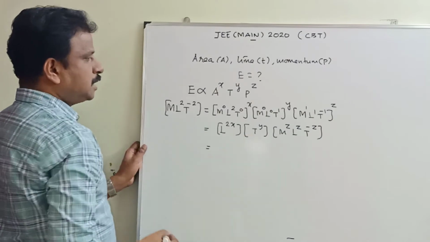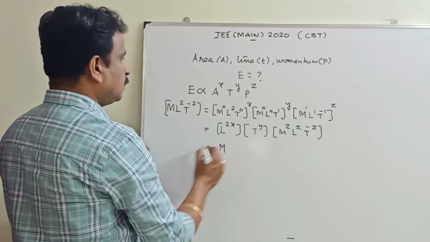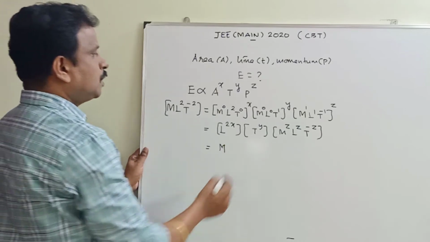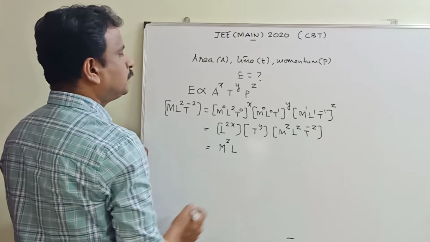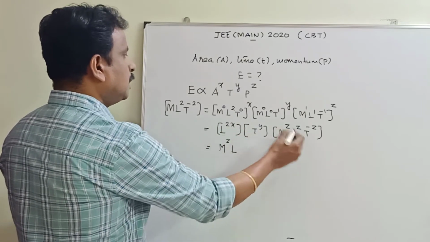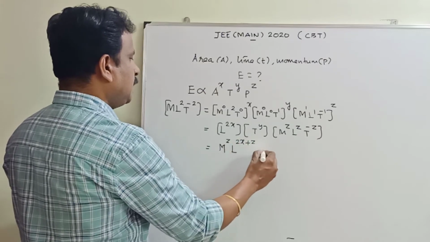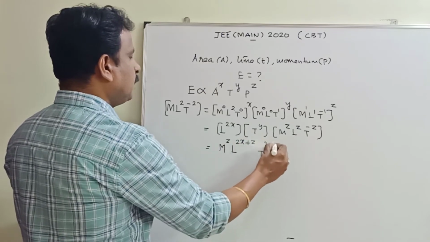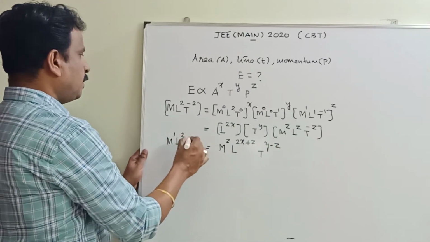Then rearranging this expression, there is no M here, so you will get only M power z, and L power 2x plus z, and time power y minus z. So here M power 1 L squared T power minus 2.